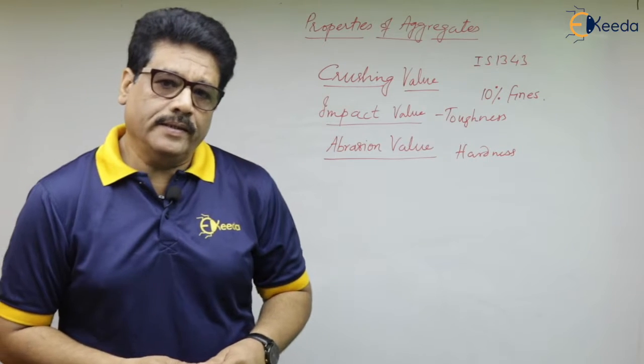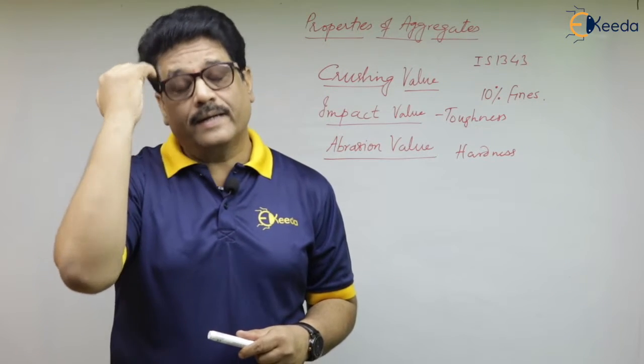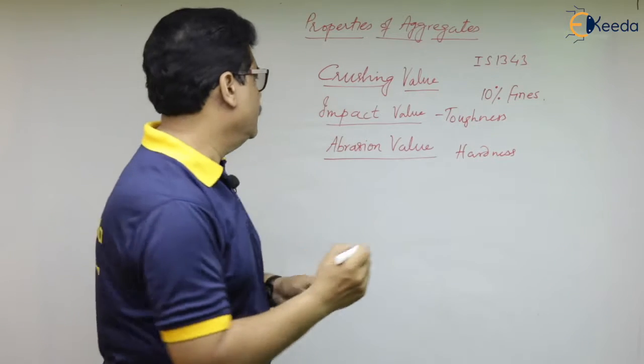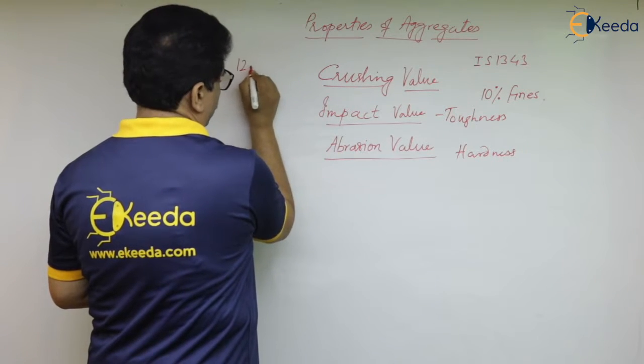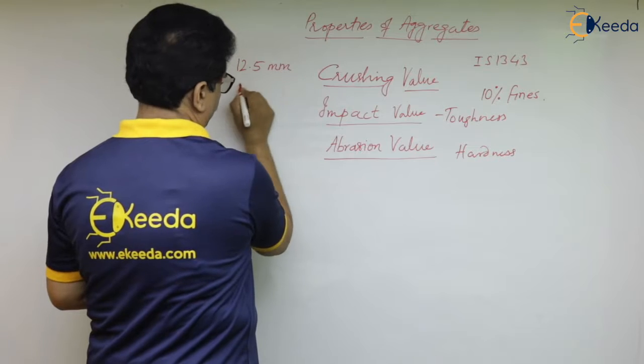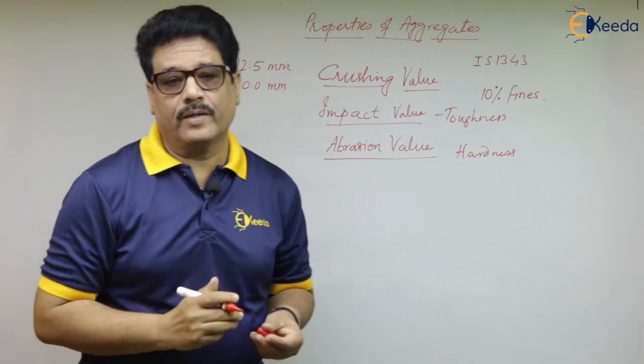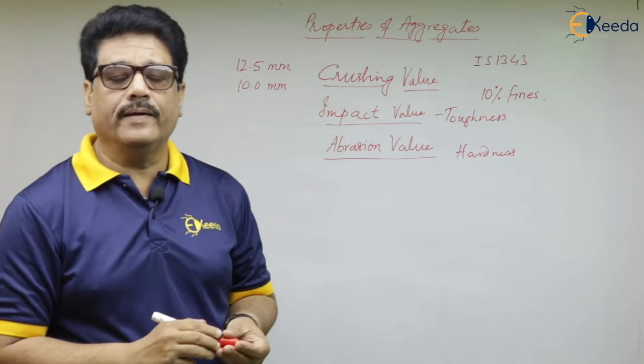In the aggregate crushing value test, we take a sample of aggregates which should be between 10 mm and 12.5 mm.